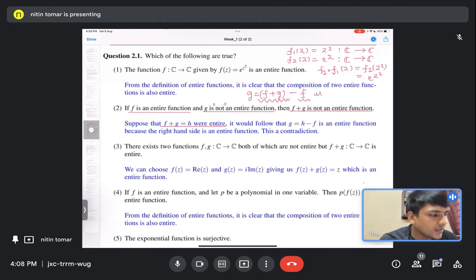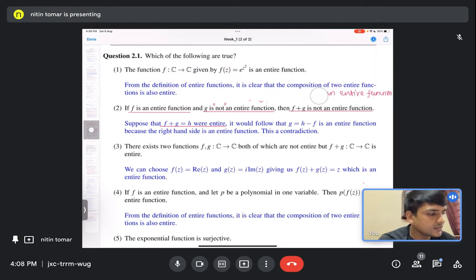So g will be an entire function. But this is a contradiction, because g is given to be a non-entire function. So this is correct: if one of them is not an entire function and the other is an entire function, then the sum is not an entire function. Okay.